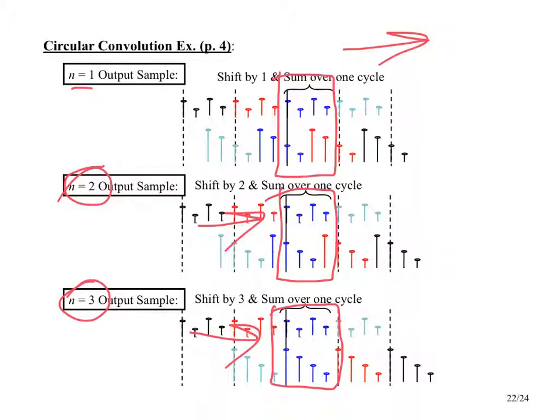In fact, it will be length 7. So you convolve a length 4 with a length 4 with zeros before and zeros after, do the linear convolution, and you'll get a length 7 output. So that's a key distinction between linear convolution and circular convolution.